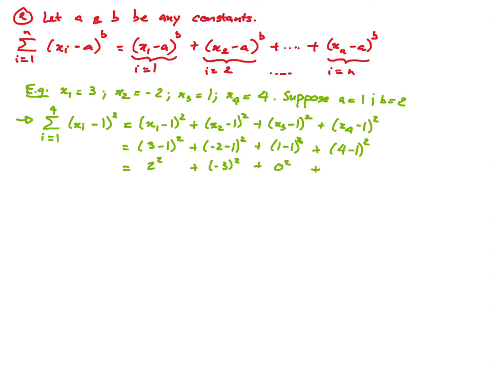And then 4 minus 1 is 3, so this is 3 squared. So if you do the math here, 2 squared is 4. Negative 3 squared is 9, because negative 3 times negative 3 is 9. 0 squared is 0. And then 3 squared is 9. So if you work this out, you get 22 as the answer.